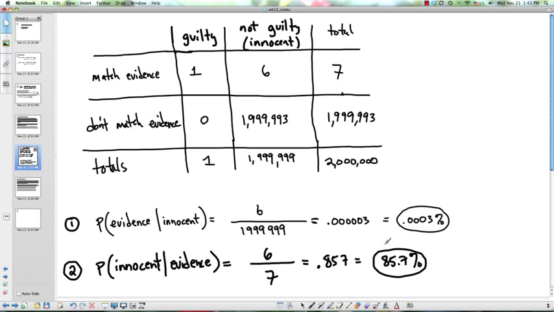So when you read about the prosecutor's fallacy, the prosecutor's fallacy is really, I would say, basically making a confusion about these two. The prosecution would use the first probability to make the person look guilty, and that's why it's called the prosecutor's fallacy. What really matters to the jury is that if you have some evidence against this person, and you say, well, given this particular evidence, what is the chance the person is innocent?